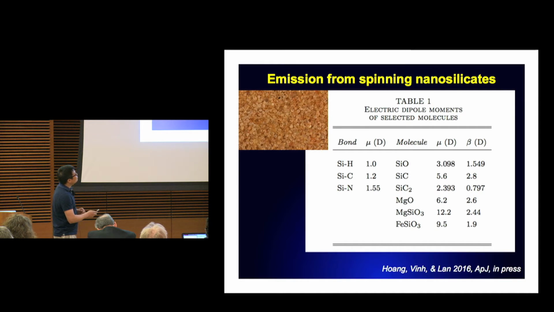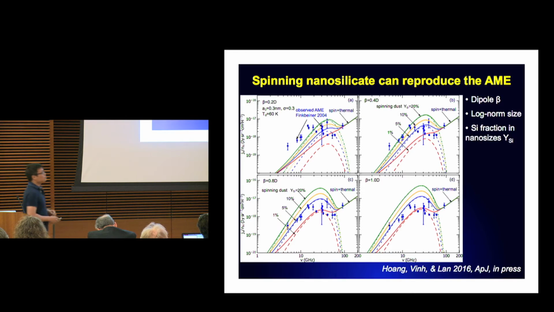Silicon carbide has a dipole moment of about 5.6, and so on. So even if each nanosilicate particle has one silicon oxide attached, it can produce a considerable dipole moment. And nanoparticles are always spinning extremely fast because of their small size and because they collide with atoms and UV photons in the interstellar medium. Then they should produce rotational emission.